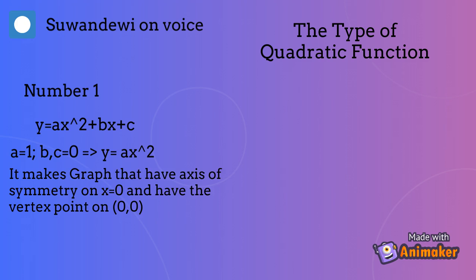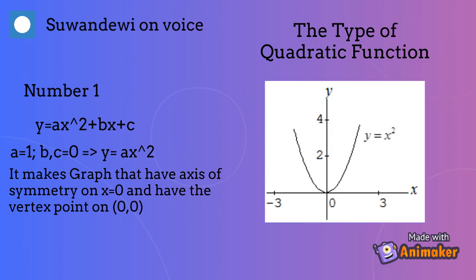It makes a graph that has its axis of symmetry at x equals 0 and its vertex at 0, 0. There is the picture.